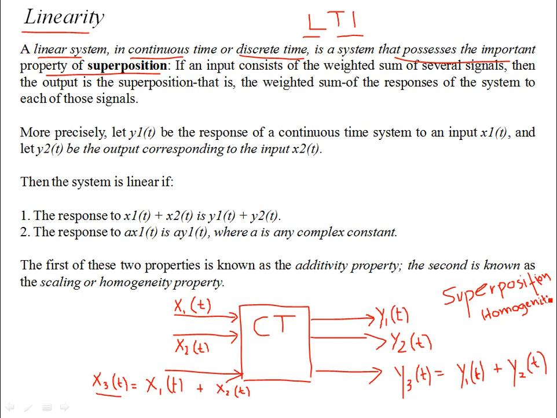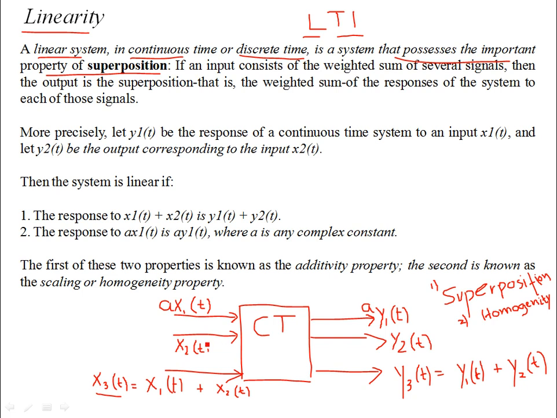If the system qualifies both tests, then these proofs are sufficient to qualify the system as linear. So what is homogeneity? Suppose you scale the input by a certain scalar, it could be real or complex. Let's call it a, any arbitrary scalar, positive, negative, fraction, whatever it is, complex. Then the output is supposed to be scaled by the same scalar.